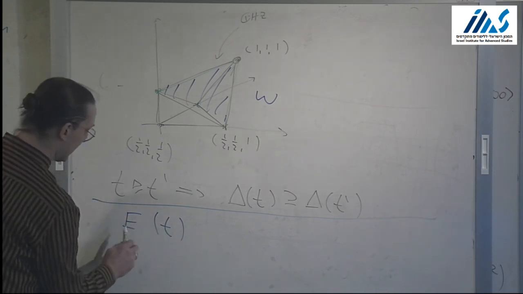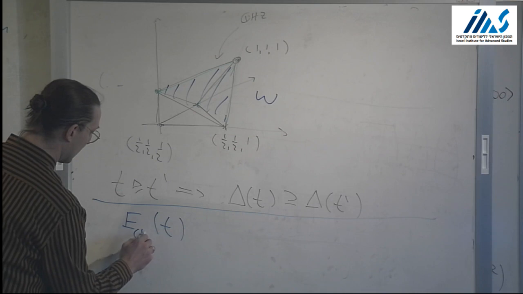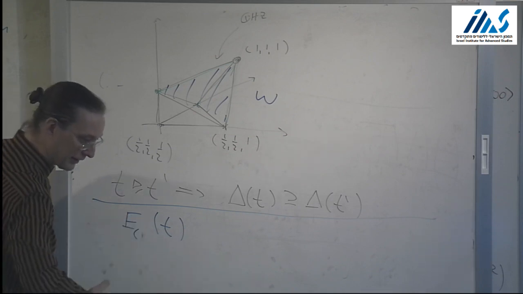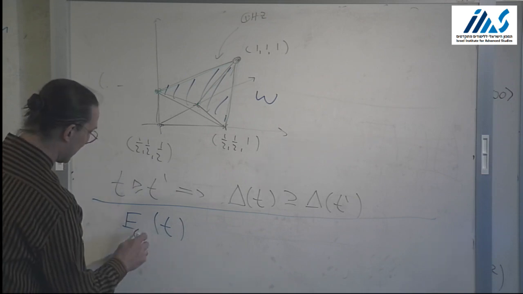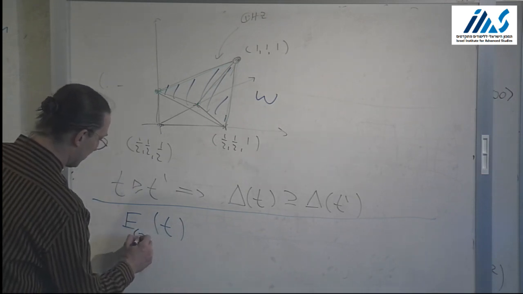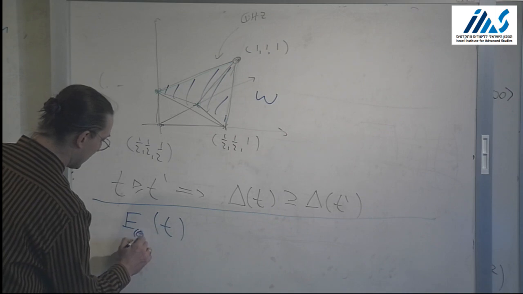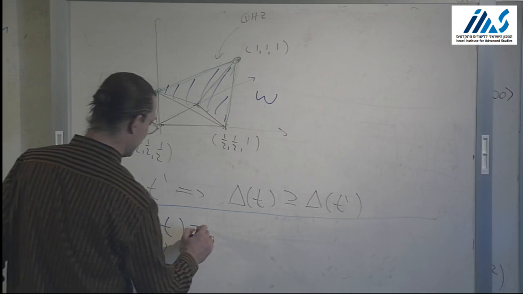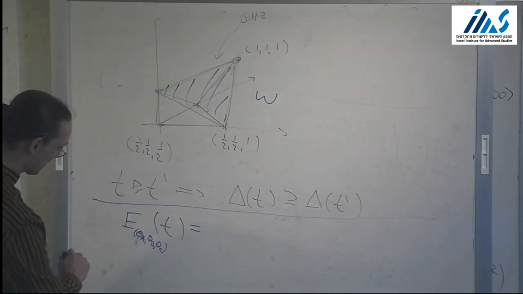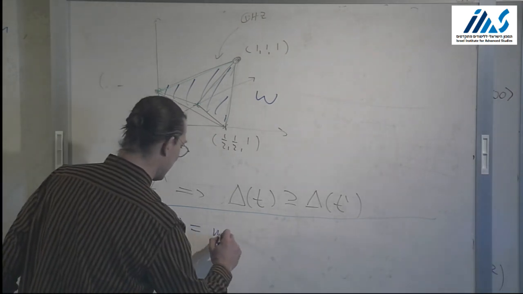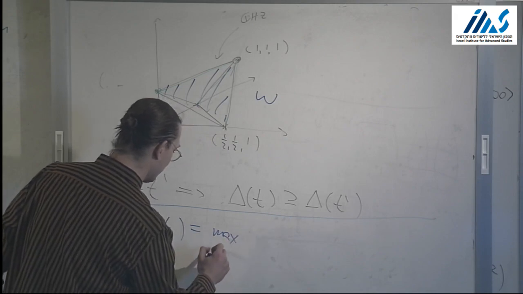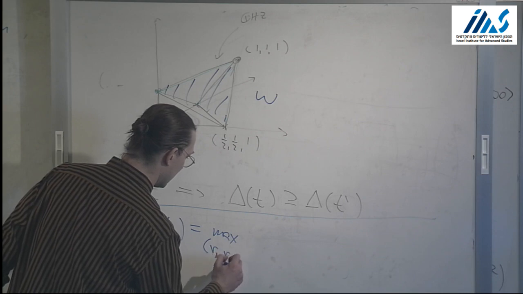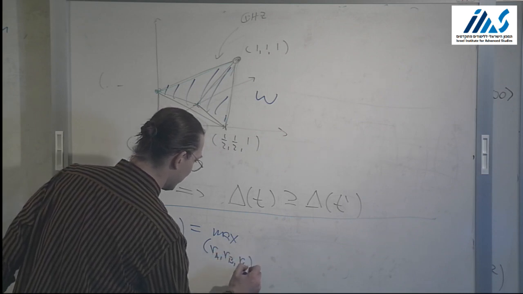It's a weighting of the 3 parts. So it's a probability distribution on A, B, and C. So maybe I write theta A. Once I have written it down, I'll be done. So this is equal to the maximum over the points in the polytope, and the points are triples of probability distributions.